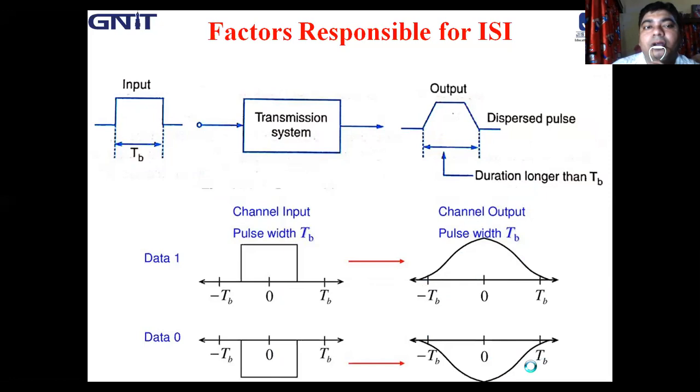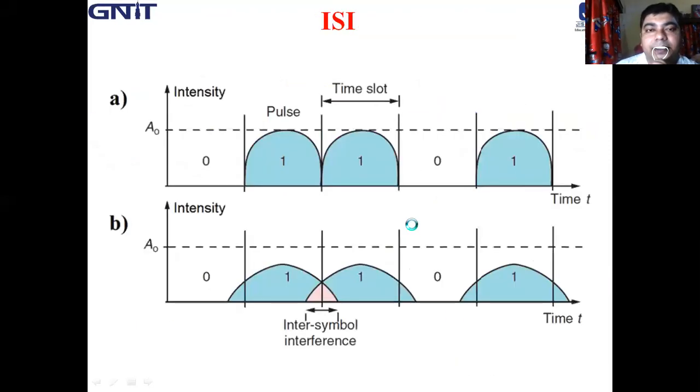So when a long sequence of 1s and 0s is transmitted, suppose two consecutive 1s are transmitted. For each 1, after transmission, it is dispersed, so some portions are overlapped with each other. This overlapping region is called inter-symbol interference.